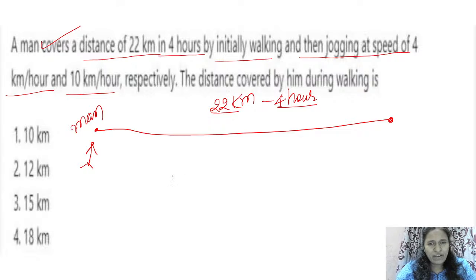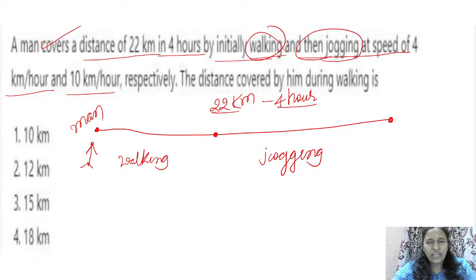Total time given, total distance given. But actually, initially he is walking. Suppose we take some distance here walking, and after some distance he started jogging. First he is walking and then he is jogging.